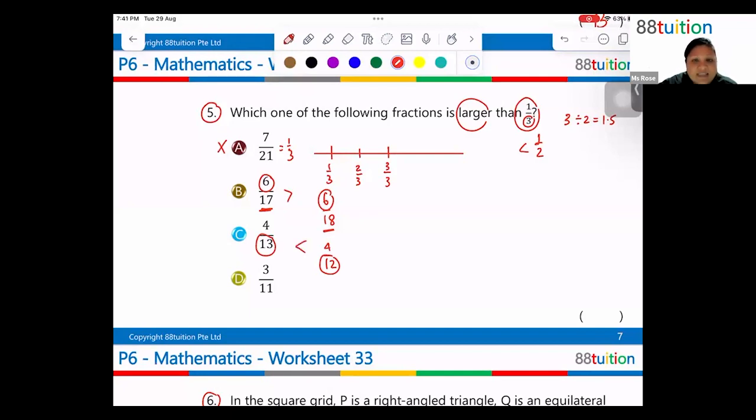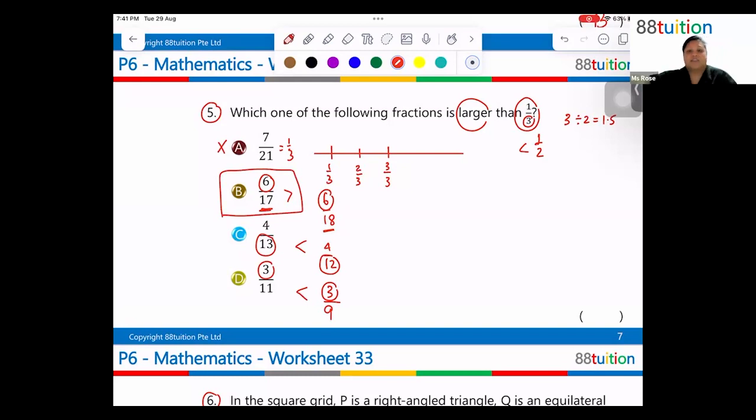So this is greater. So this is smaller, right? And then similarly with 3/9. So between this, which one is greater? This is greater. So the only possible answer will be B.